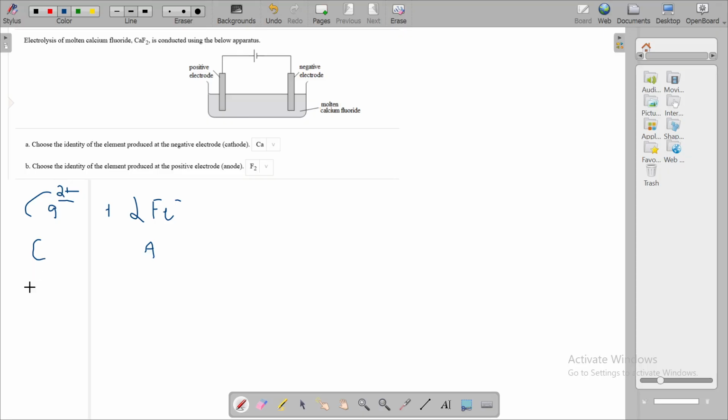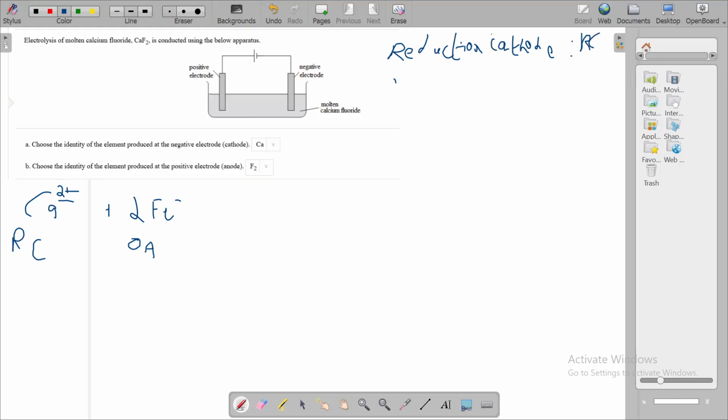And for the cathode, I memorized it as RC. Anode, oxidation at the anode. So that means reduction happens at the cathode. So that's what RC means.